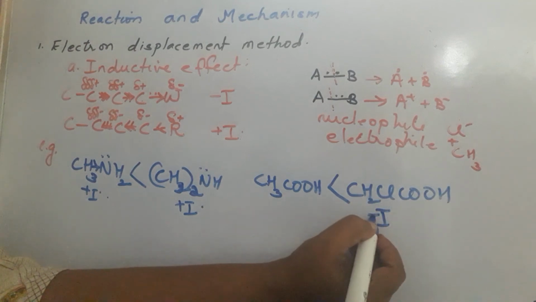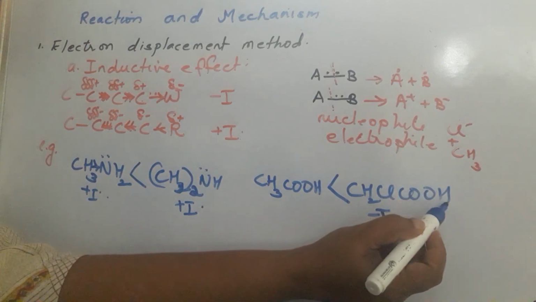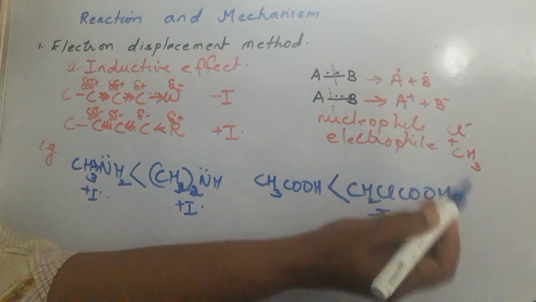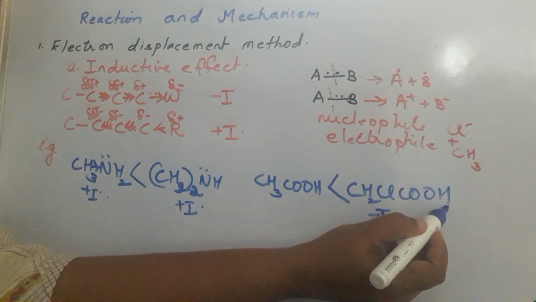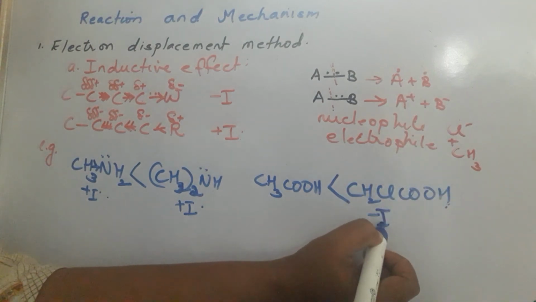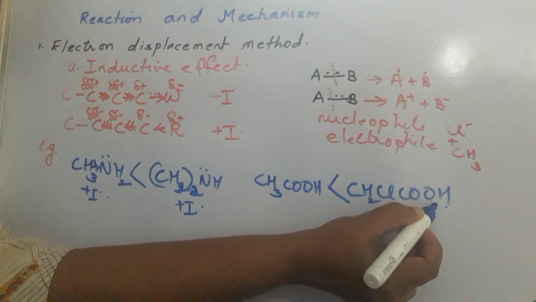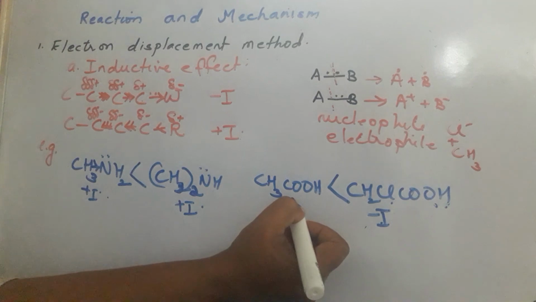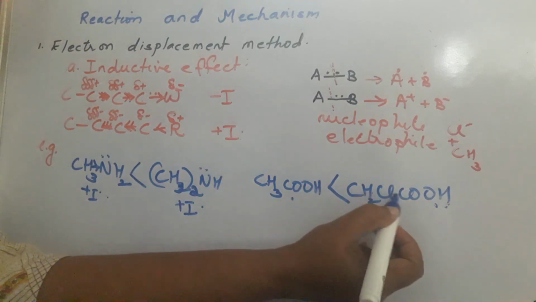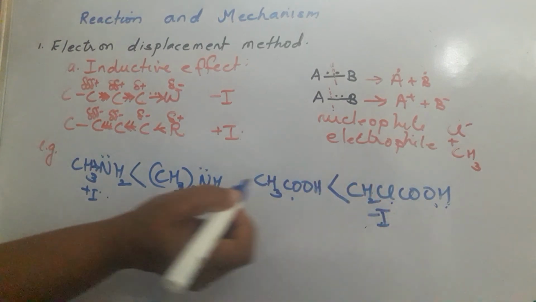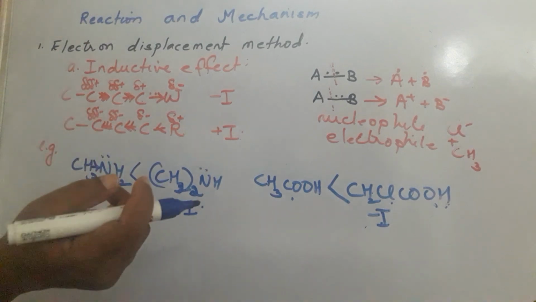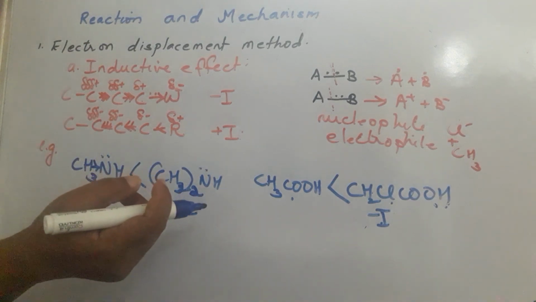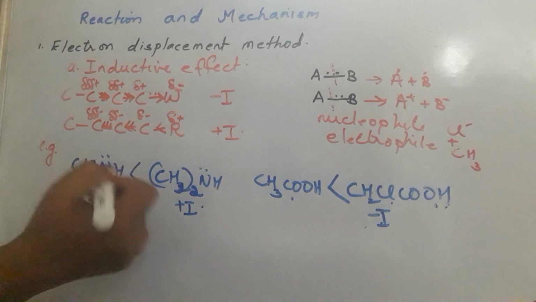When it shows minus I effect, the release of H plus ion increases, or its acidic nature increases. So minus I effect will increase the acidic strength of the compound. Compared to acetic acid, chloroacetic acid is more acidic in nature. So relative acidic strength can be explained on the basis of inductive effect.